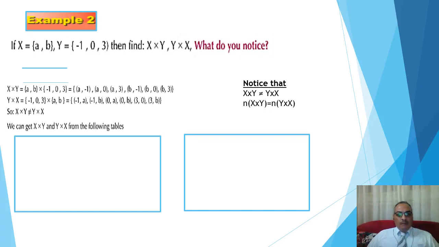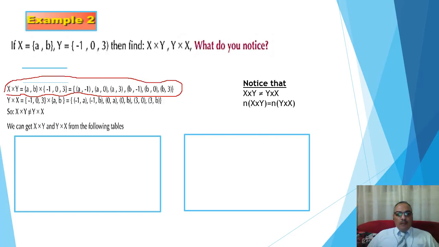Look with me. X product Y: A and B, the first set, product negative 1, 0, 3. So we get A with negative 1, A with 0, A with 3, B with negative 1, B with 0, B with 3. This is the Cartesian product X product Y.